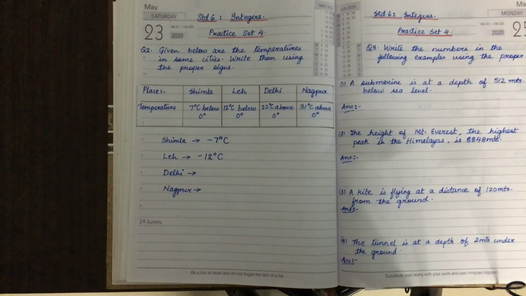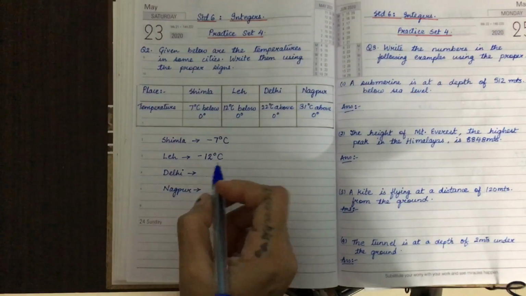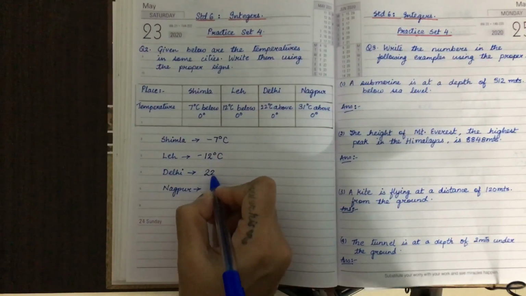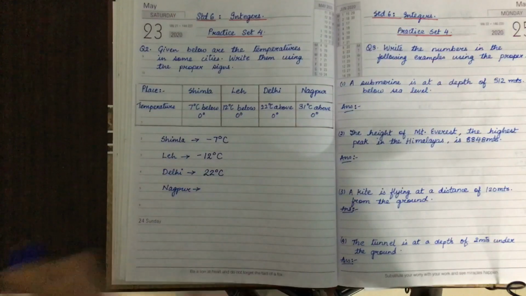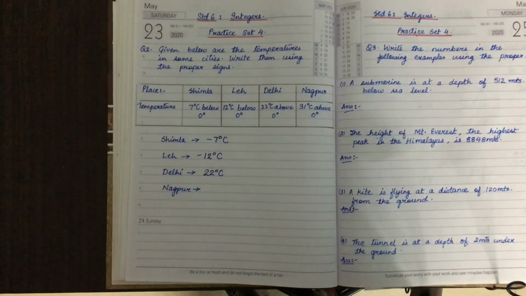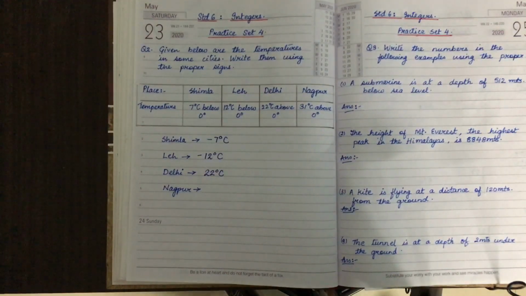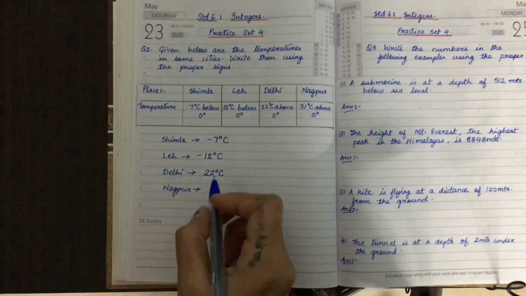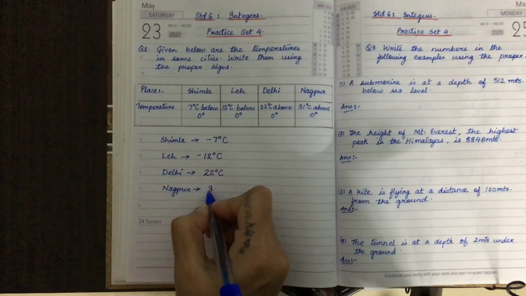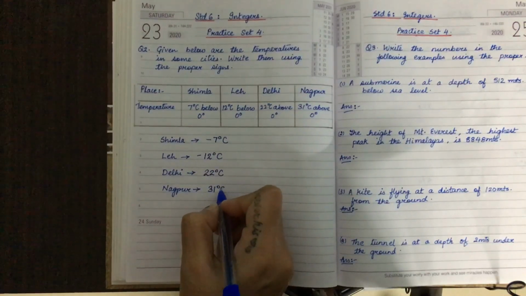So the temperature for Delhi can be written as 22 degrees Celsius. And the last information given to you is about Nagpur, which is given as 31 degrees Celsius above 0 degrees. It is a very high temperature, a positive temperature. So we can write it as 31 degrees Celsius.